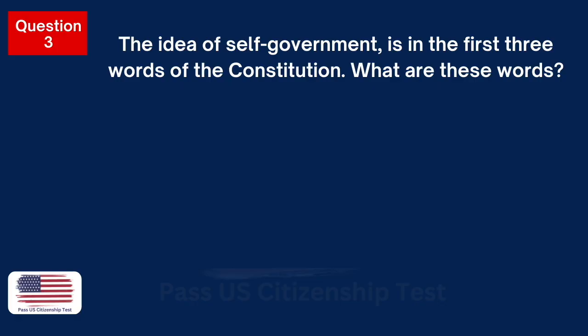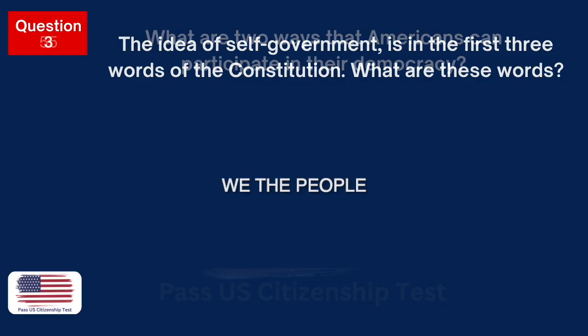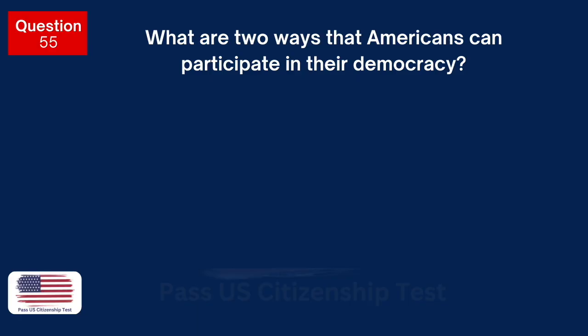The idea of self-government is in the first 3 words of the Constitution. What are these words? We the people. What are 2 ways that Americans can participate in their democracy?